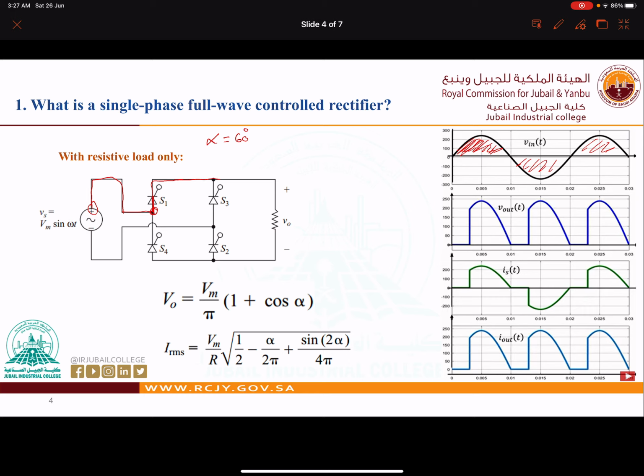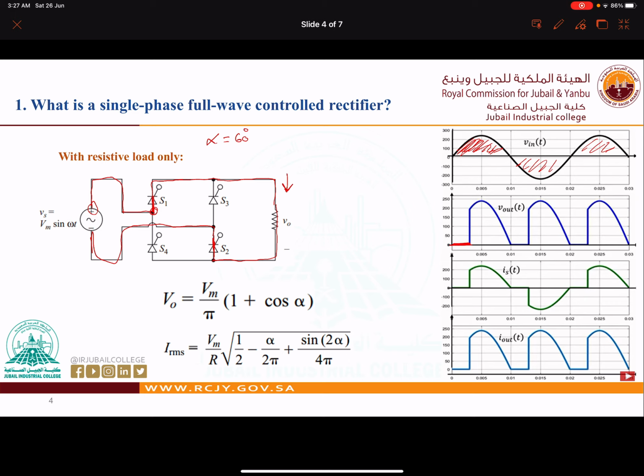It will not go through S3 because it is reverse biased. So it will go through the load from the upper point, and it will come back through S2, because S2 is forward biased, and return to the supply. So in the first positive cycle, S1 and S2 are working and triggered at 60 degrees. Here is our V out.